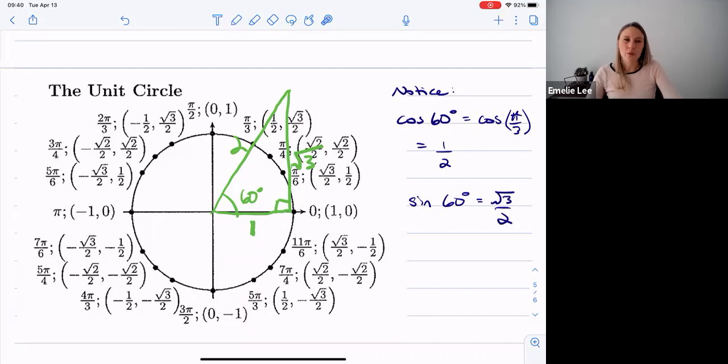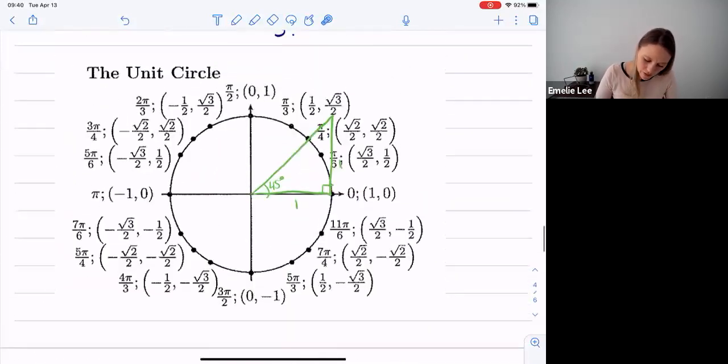Okay, so you can either use the special triangles, or like I said, if you're comfortable arriving at the cosine of pi over 3 is 1/2, and the sine of pi over 3 is root 3 over 2, whether you have these points memorized or what have you, it doesn't matter how you get there. As long as you're able to find the sine and the cosine of these angles, I'm happy. Okay, so you can use the special triangles.